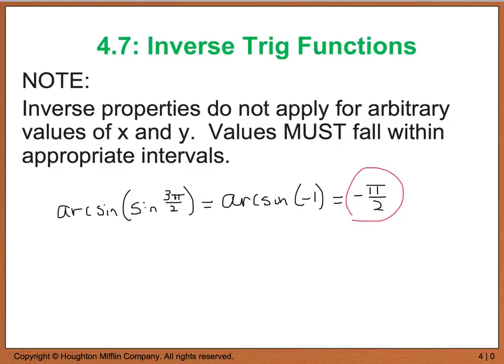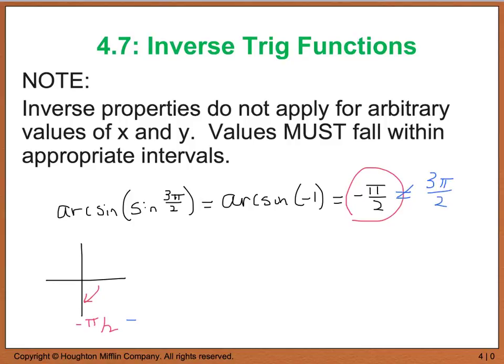But a negative pi over 2, if you think about it, let's look at our unit circle. Negative pi over 2 is going to occur right here. And as silly as this seems, a negative pi over 2 is different, when we're talking about inverses, than a positive 3 pi over 2.